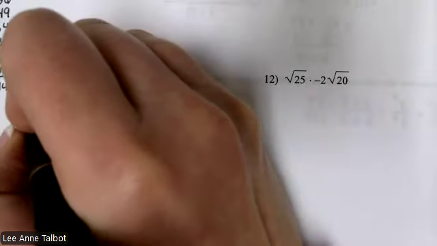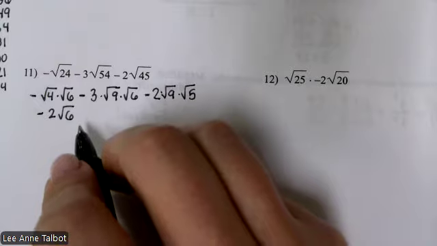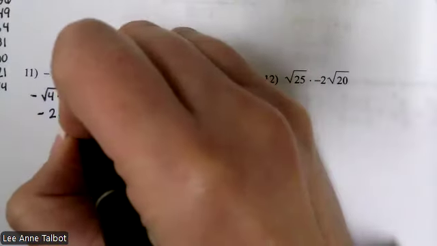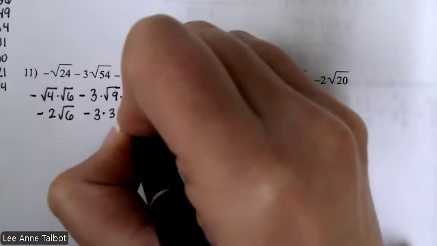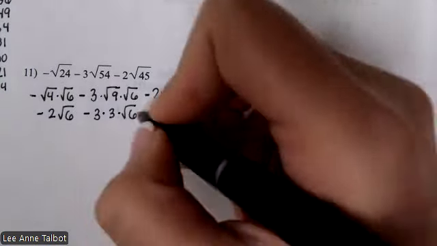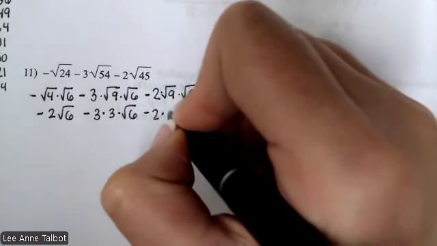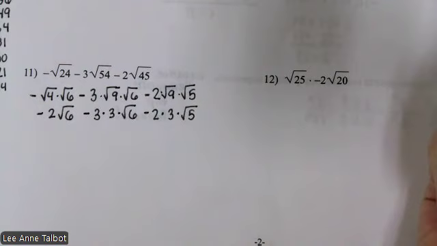Okay, so this is negative 2 square root 6 minus 3 times 3 times square root 6. I'm going to have to do another step for this one. Minus 2 times 3 times square root 5.